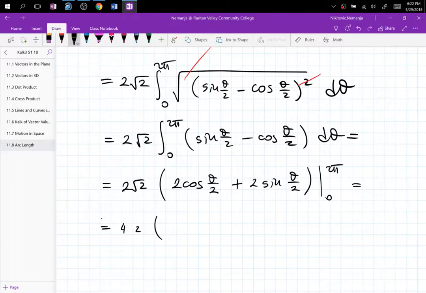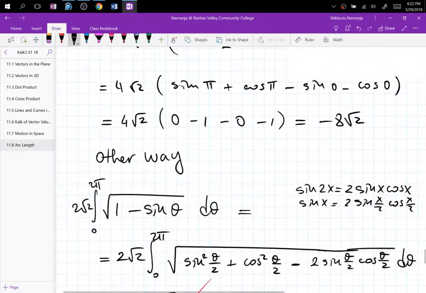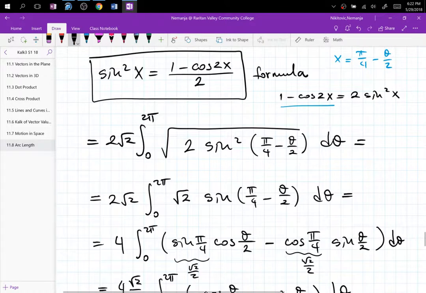Isn't that the integral of sine? Integral of sine is negative cosine. Integral of cosine is positive sine. So they're both negative. Do I have the same thing over here?